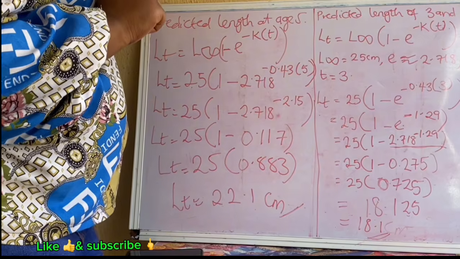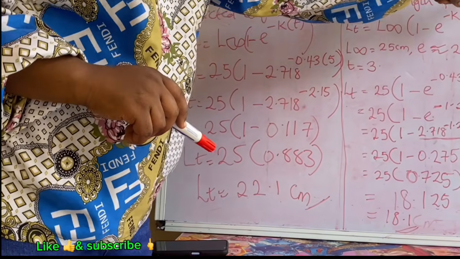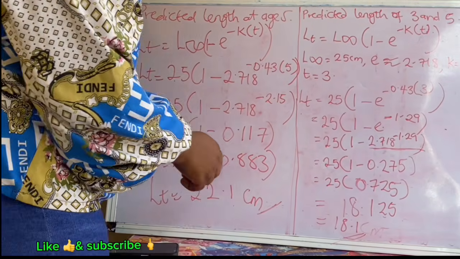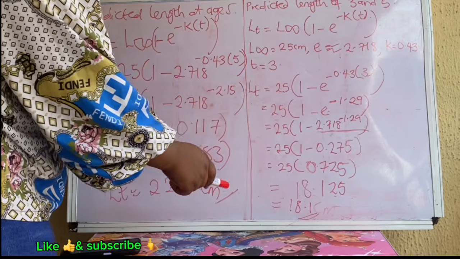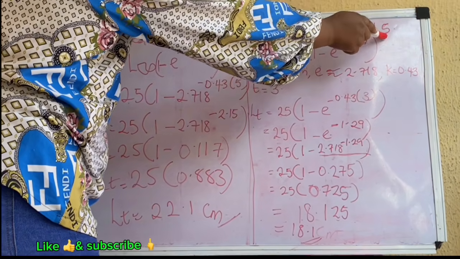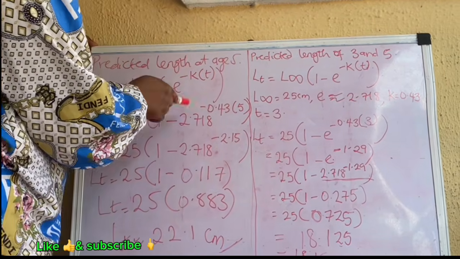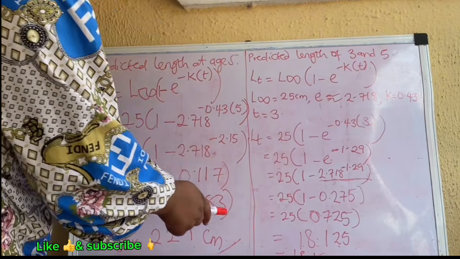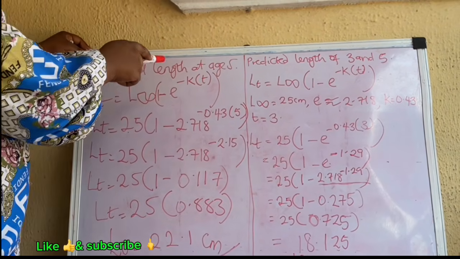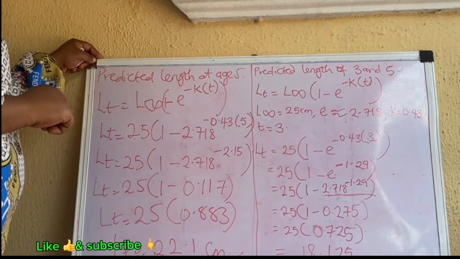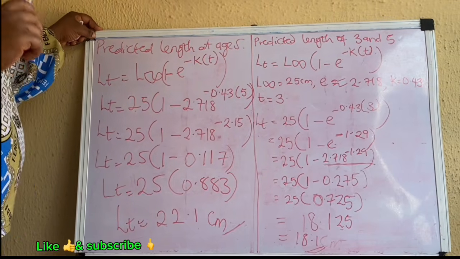The predicted lengths of the fishes at ages 3 and 5 are very close to the observed values within the data sample, which is 18.0 thereabout and 22.5 thereabout. Okay, this indicates a good fit of the Von Bertalanffy's model.